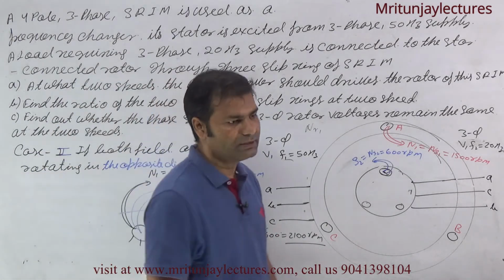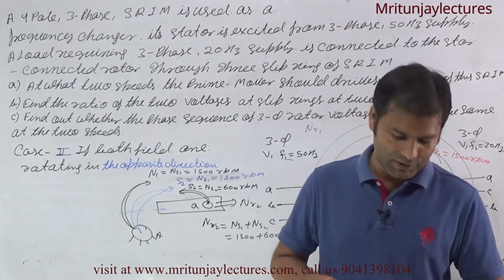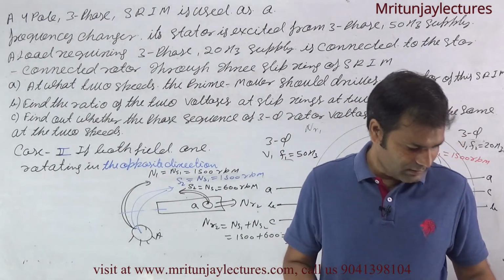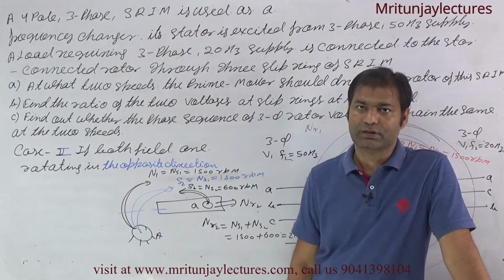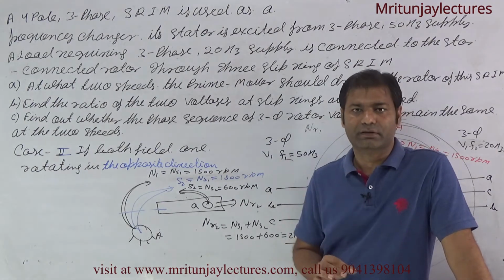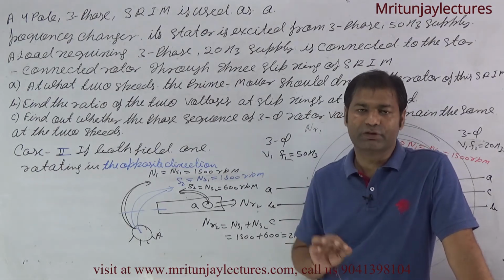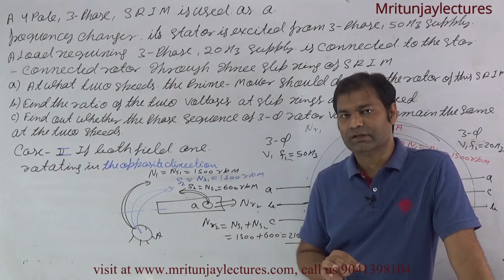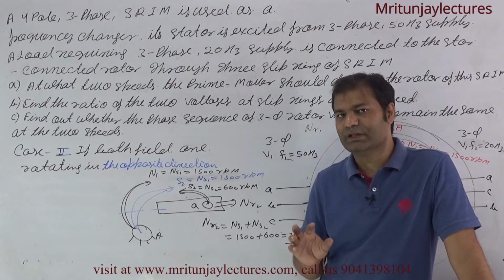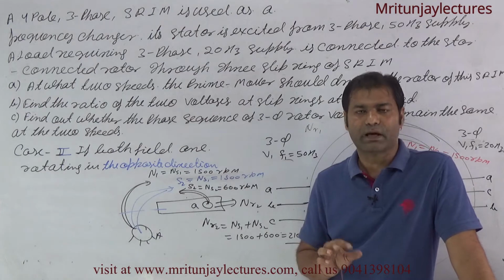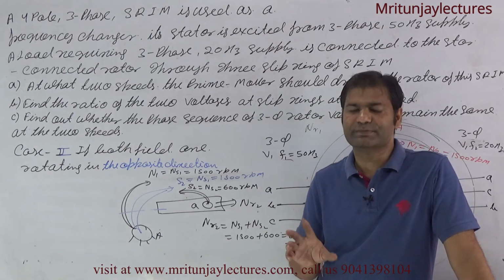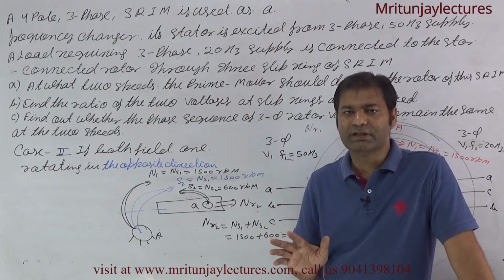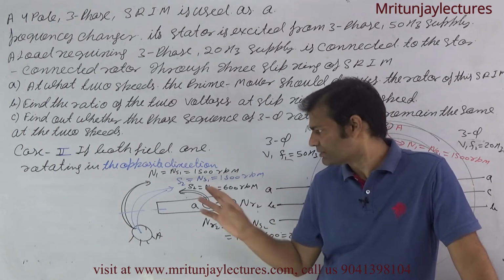Okay, we know that for continuous electromagnetic torque production, it is only possible if the stator field with respect to the stator winding and the rotor field with respect to the stator winding both have the same speed, or you can say that both are stationary with respect to each other, or the relative speed is 0.